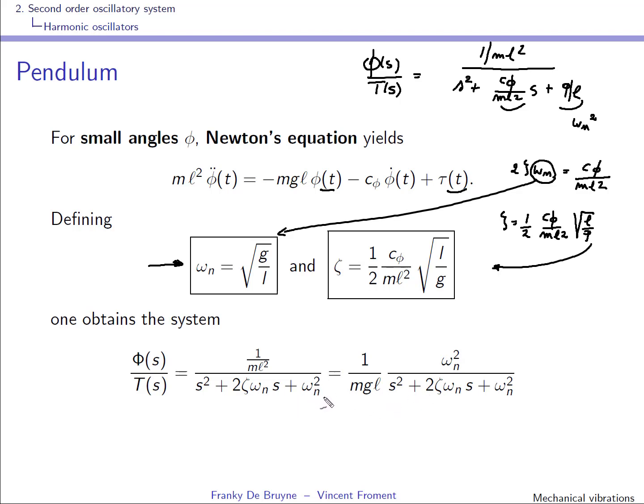So we have now obtained this expression, and just as before, we prefer to write it in this way because we have the canonical equation for a harmonic oscillator, and here we have the static gain of our process.